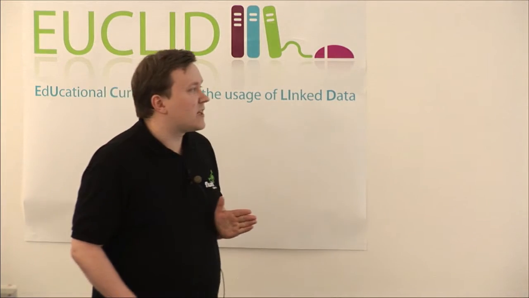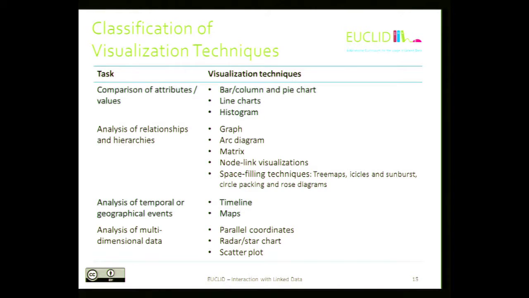In general, we can classify visualization techniques into several categories. For example, if your task is to compare certain values, attributes, you may use bar chart, pie chart, line chart, histogram. If you are interested in analyzing relationships between certain entities in your data, you may use a graph, arc diagrams, matrices, and other techniques.